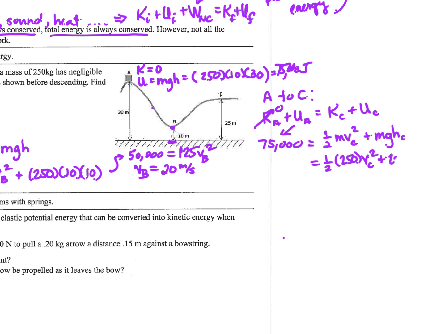So we're again going to subtract and divide by 125. So 75,000 minus that 250 times 250. Divide it and take the square root, and we get a velocity at C of 10 meters per second. Okay?